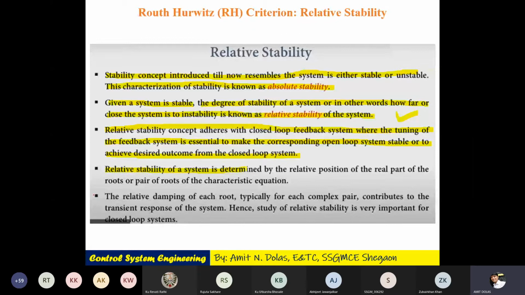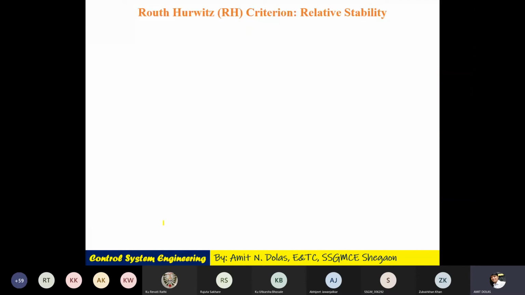Relative stability of the system is determined by the relative position of the real part of the roots or pair of roots of the characteristic equation on the S-plane. The relative damping of each root, typically for a complex pair, contributes to the transient response of the system. Hence, the study of relative stability is very important in closed loop systems. It is applicable for closed loop.